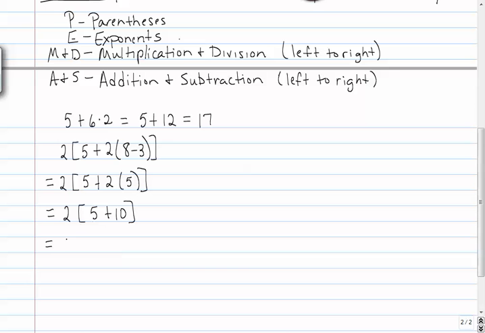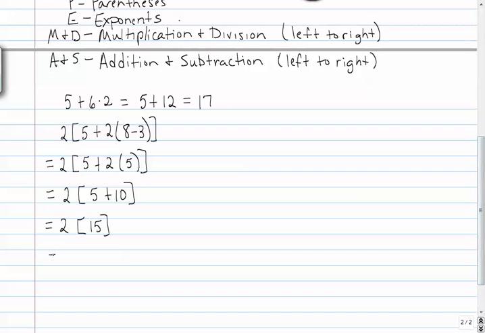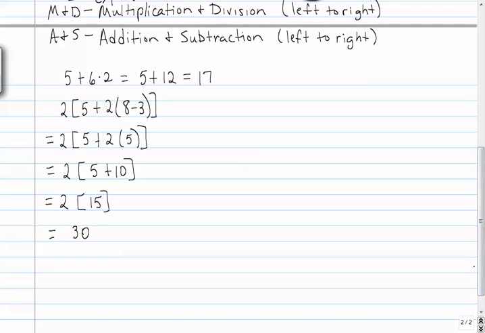You can continue simplifying what's inside that bracket. So it's going to be 2 times 15. And now if you have a number next to the 15 in brackets, you would just multiply there. So 2 times 15 is 30. Okay, any questions?